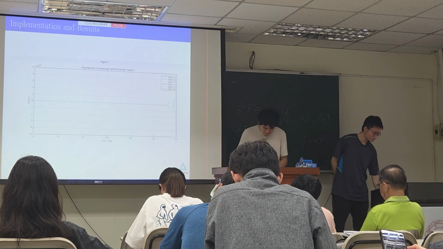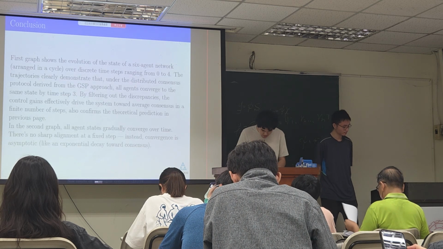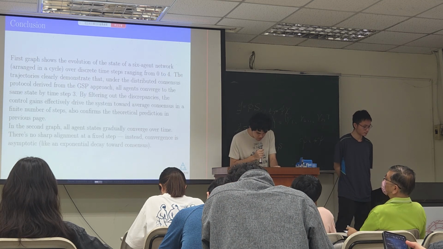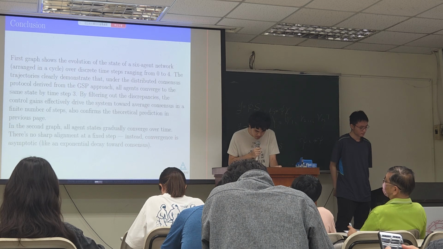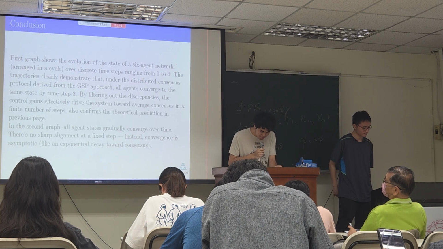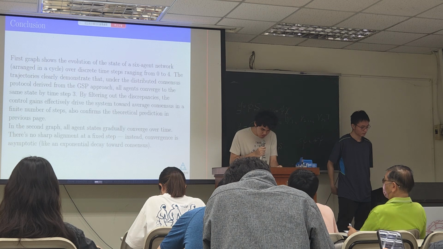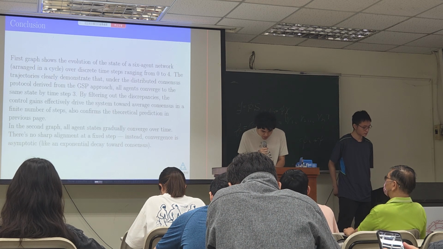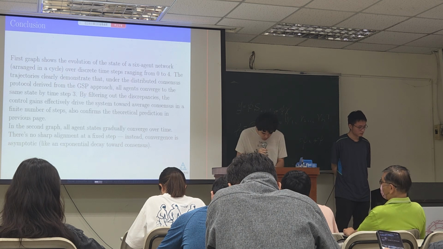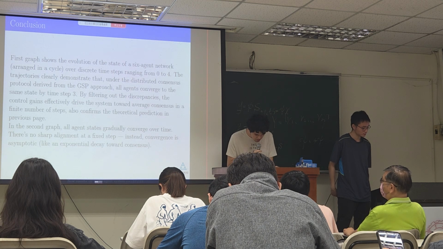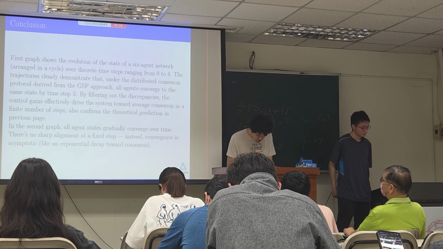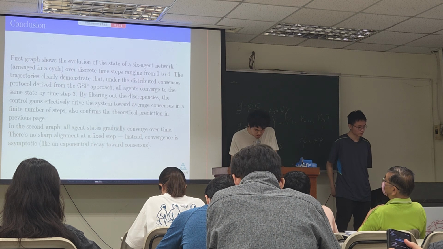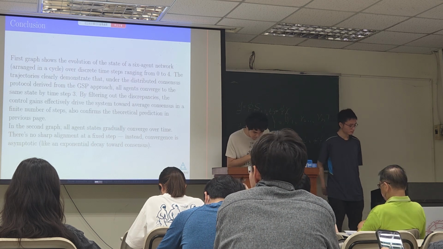So here is the conclusion. The first convergence is the direct result of the designed protocol filter acting as a low-pass filter. It perfectly preserves the zero-frequency component while eliminating the higher-frequency components. In other words, by filtering out the discrepancies, the control gains effectively drive the system toward the average consensus in a finite number of steps.